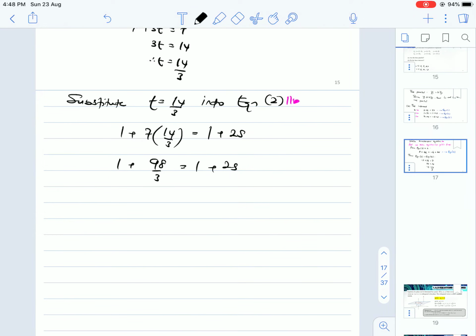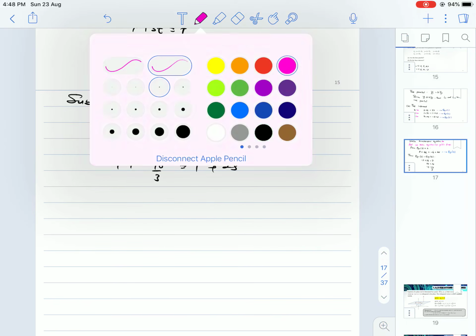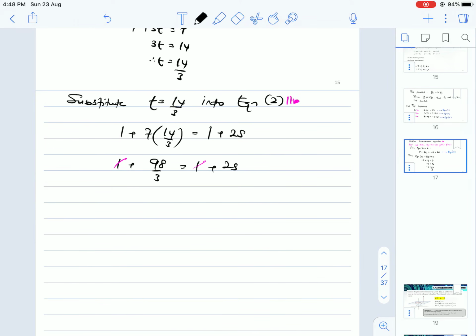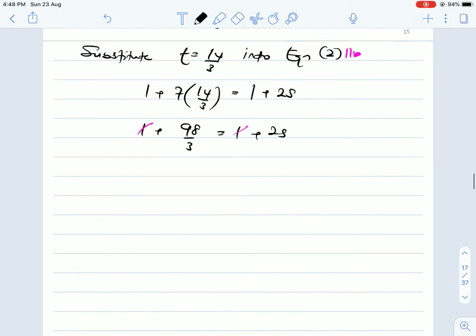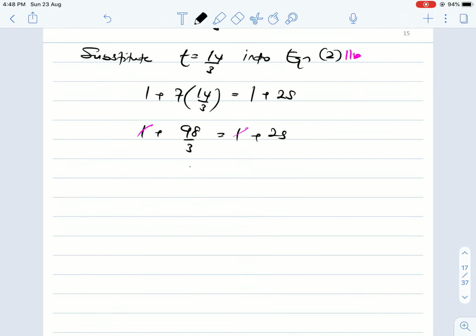We can cancel the 1s, so 98 over 3 equals 2s, therefore s equals 98 over 6, or 49 over 3.